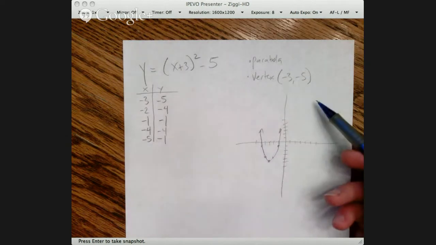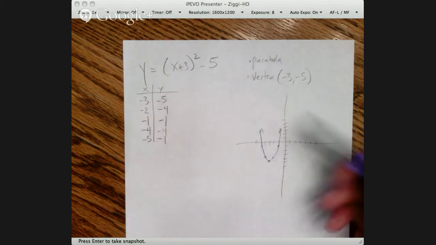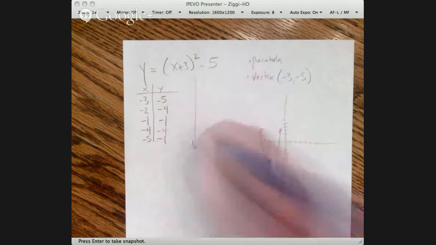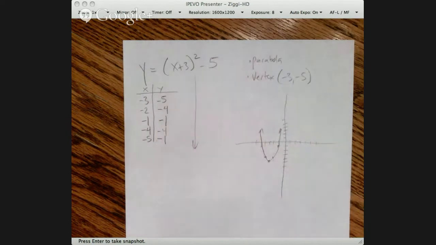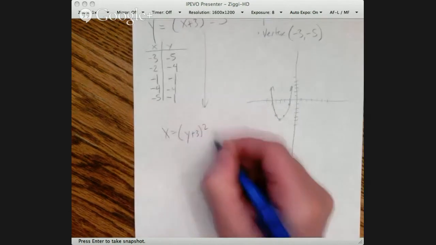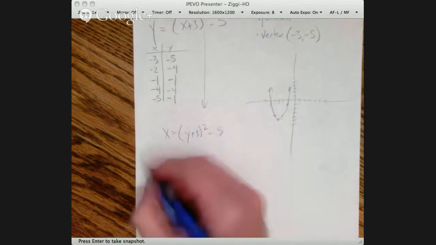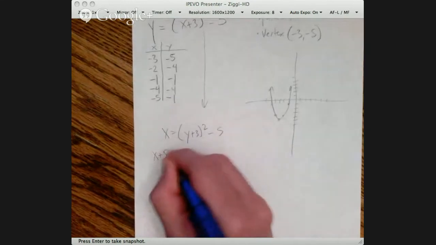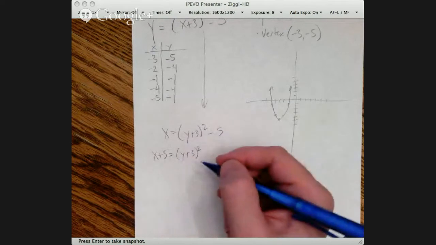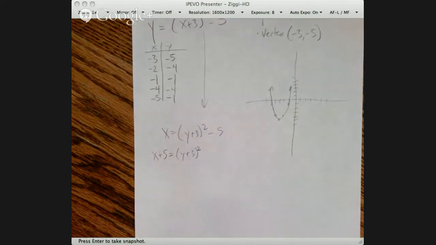Now I'm going to find the inverse, and we'll talk about what we can do with the parts that we know of the inverse. Let's do some trading. We're going to have x is equal to the quantity y plus 3 squared minus 5. Bring that 5 over here: x plus 5 is equal to y plus 3 squared. Because they want you to investigate the inverse, I have to take the square root.